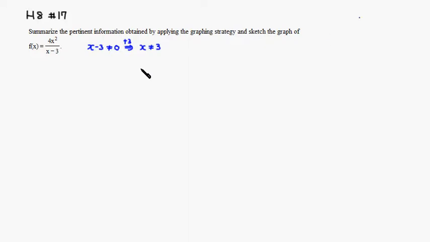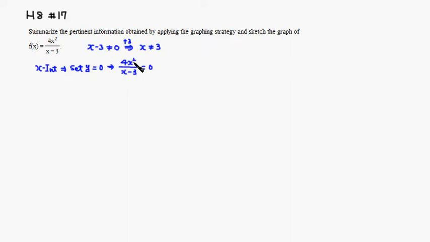In order to find the x-intercept, we set y equal to 0, which means that we set the whole function equal to 0. 4x squared over x minus 3 equals 0.